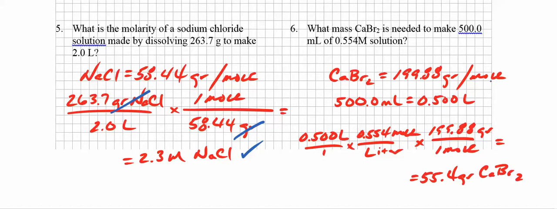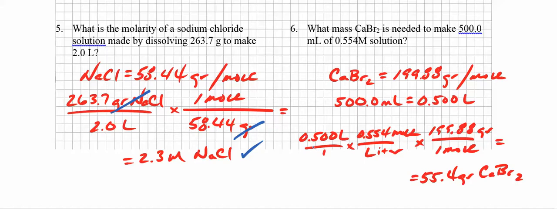Now I'm going to need to convert the 500 milliliters into liters. Remember, you always have to have it in liters, not milliliters. So I'm going to say 500 milliliters is equal to, I'm going to move the decimal place over 1, 2, 3 places to the left, and when I do that I get 0.500 liters. So now I'm going to start the calculations.